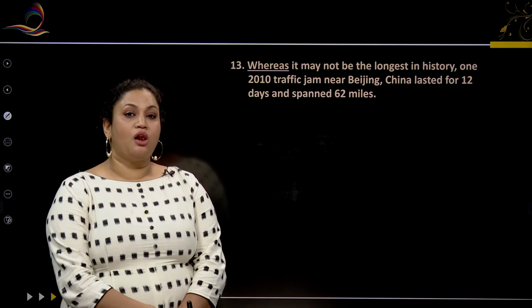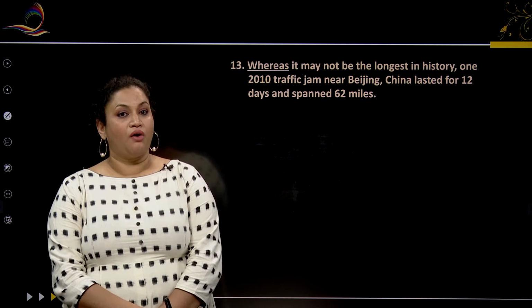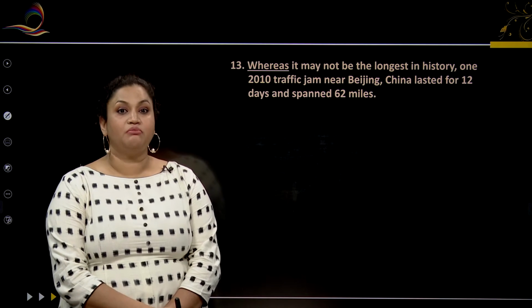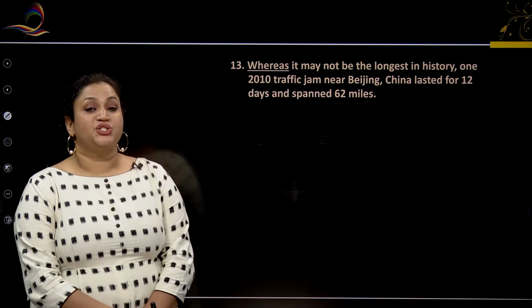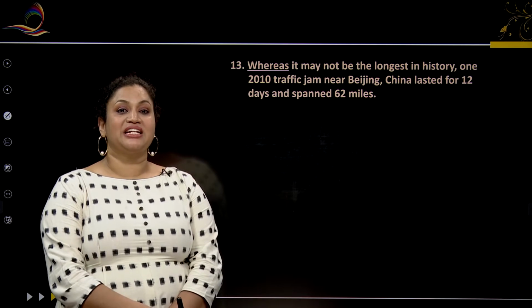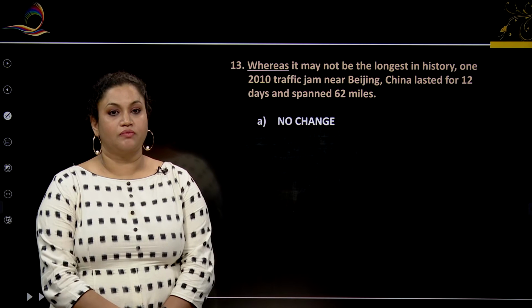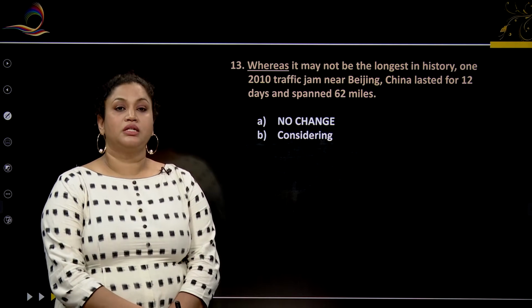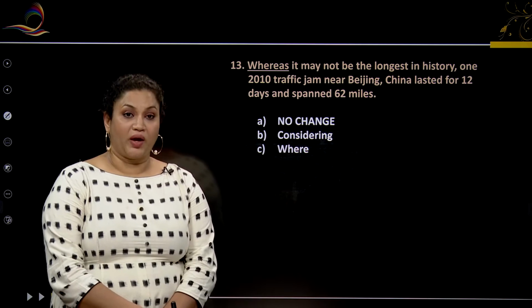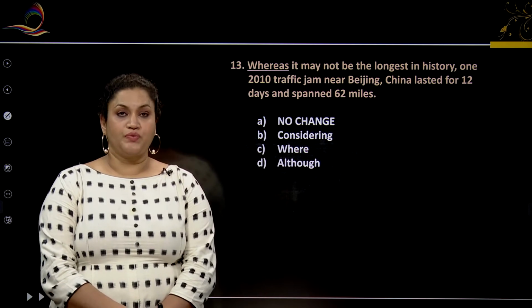Whereas it may not be the longest in history, one 2010 traffic jam near Beijing, China lasted for 12 days and spanned 62 miles. No change, considering, where, although.